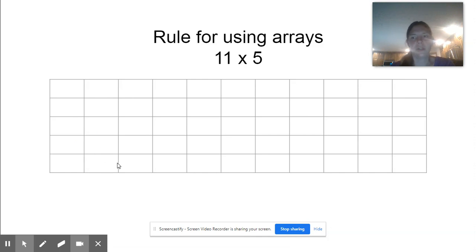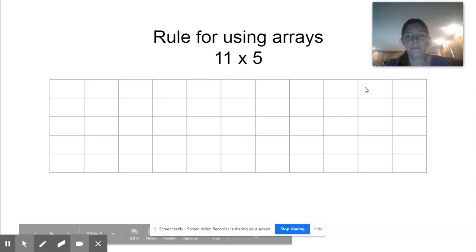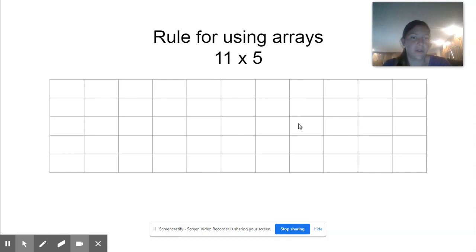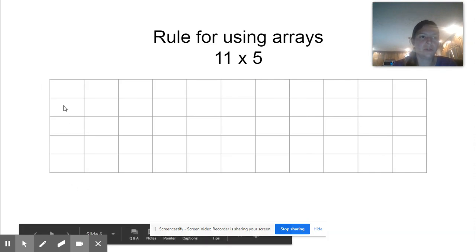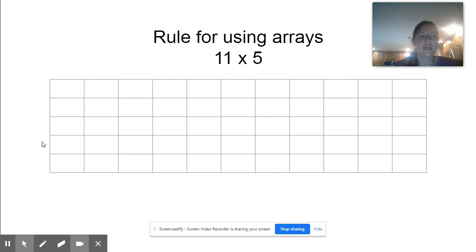Now, if I want to know the product of 11 times 5, I can add all of these little squares, which is going to take some time. But if that's what it takes, that's what it takes. Or you can repeatedly add 11 5 times. You could go 11, 22, 33, 44, 55.